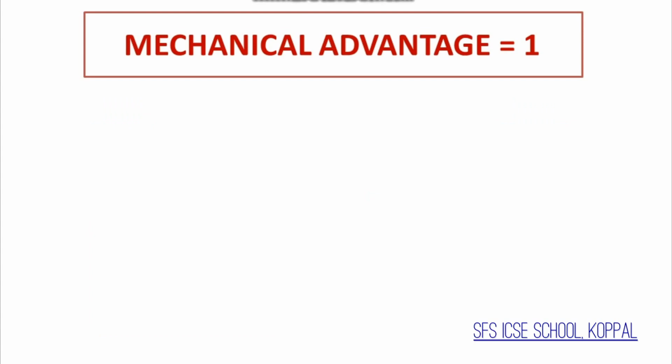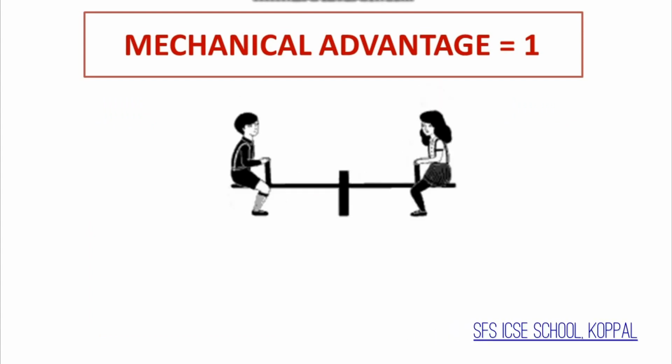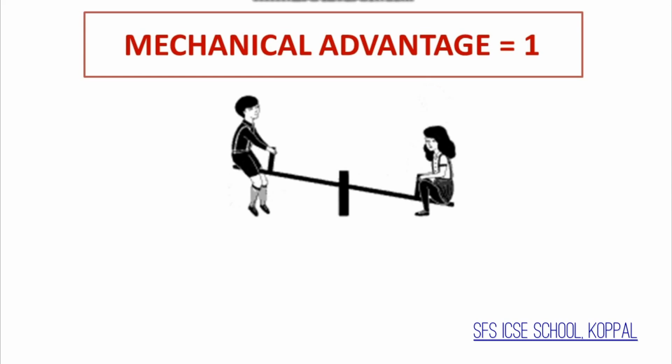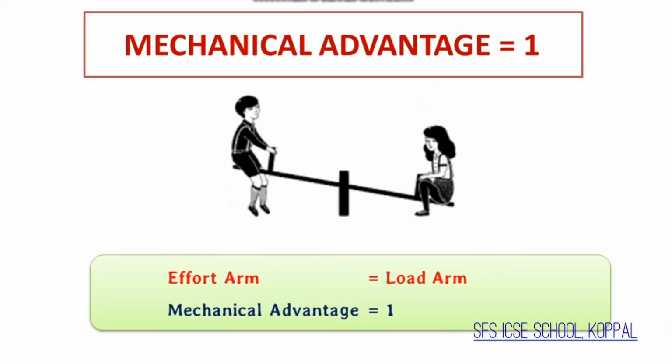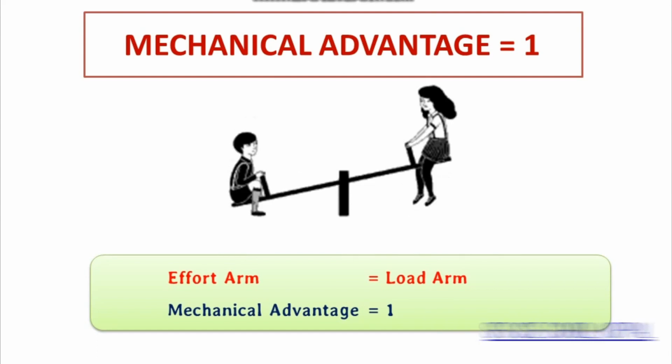For example, seesaw. In seesaw, both of the children are sitting exactly equal distance from fulcrum. Thus, effort arm is equal to load arm, and therefore mechanical advantage is equal to 1. Such levers are used to change the direction.